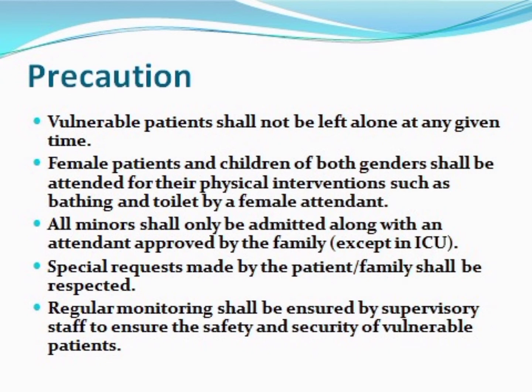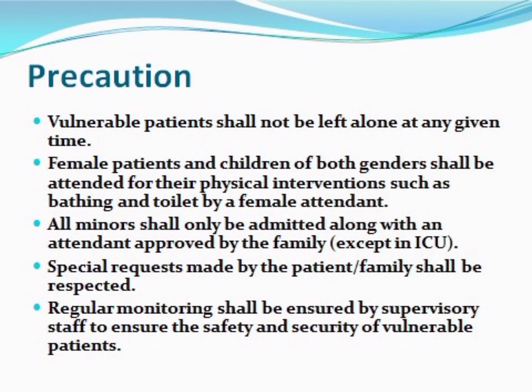All minors shall only be admitted along with an attendant approved by the family, except in ICU. Special requests made by the patient family shall be respected. Regular monitoring shall be ensured by supervisory staff to ensure the safety and security of vulnerable patients. So these are all the precautions that should be taken for the vulnerable patient.